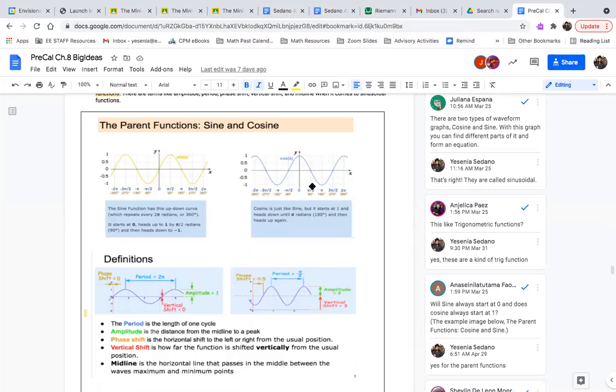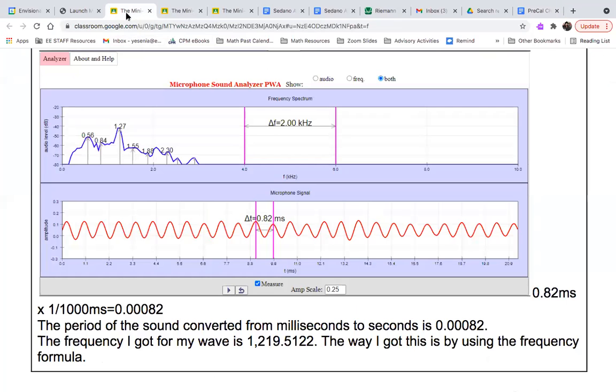Now, if you want to use cosine, there will be a phase shift because your first maximum starts right here. If you were to use cosine, which does have a very small shift like that. Whereas if you stick with sine, sine starts right here at the midline and goes up. You have no phase shift if you stick with sine.